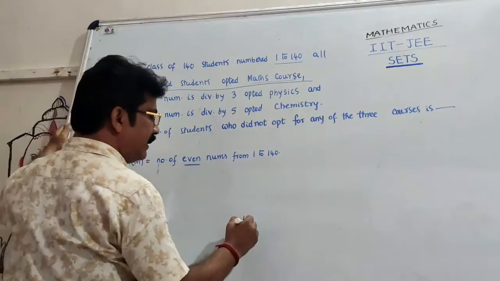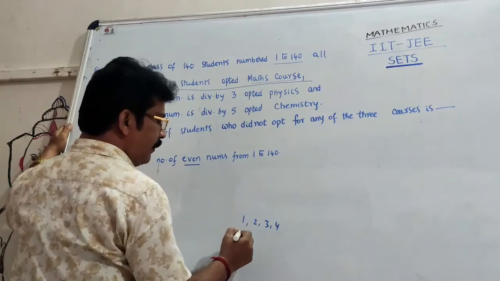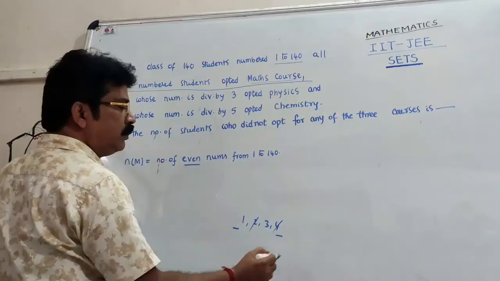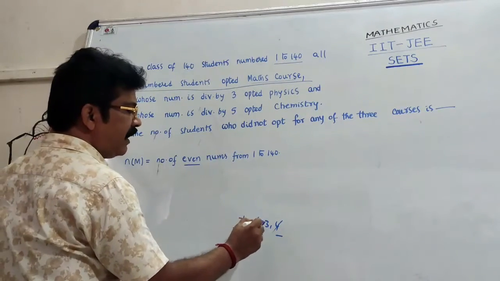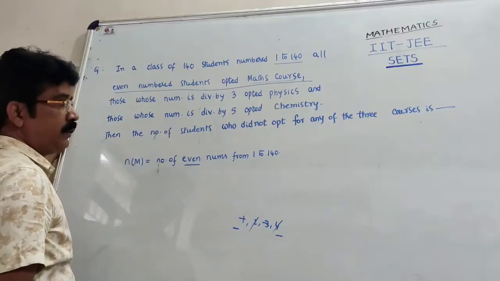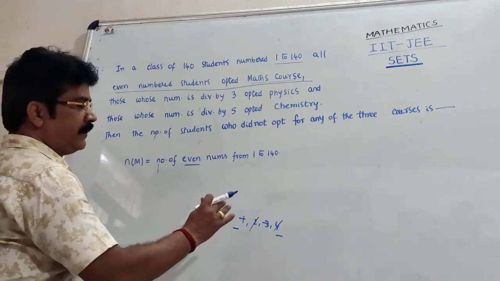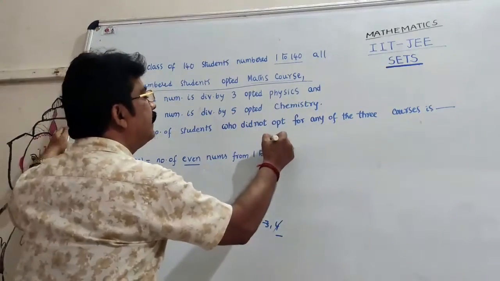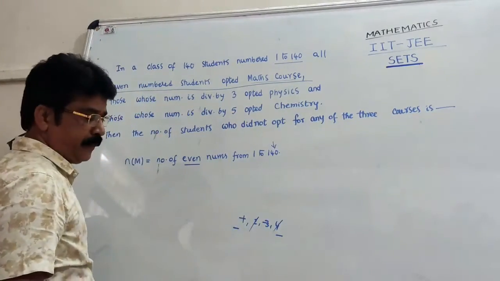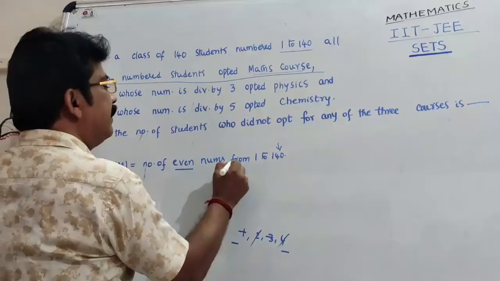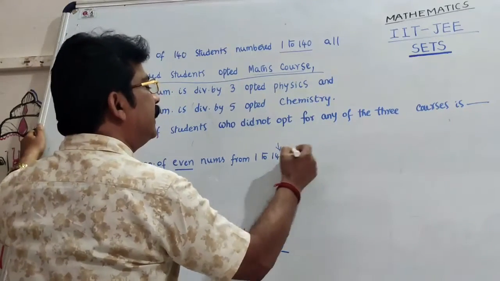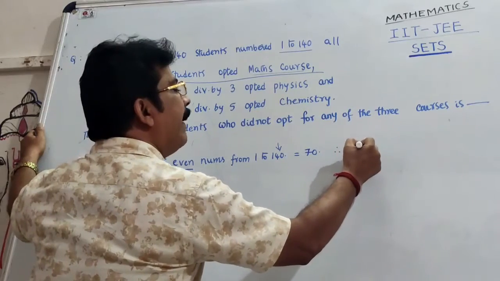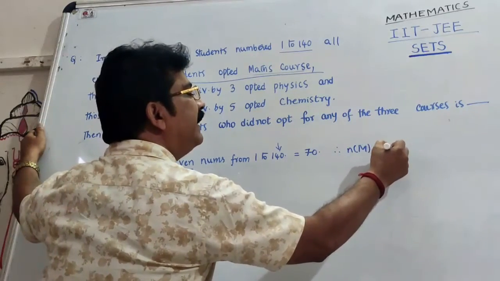From 1 to 4, how many even numbers are there? 2, 4. 2 numbers are there. Similarly, how many odd numbers? 2. So it is 50-50%, half even numbers, half odd numbers, because the last number is an even number. So the number of even numbers is equal to 70. Therefore, n of M equal to 70.